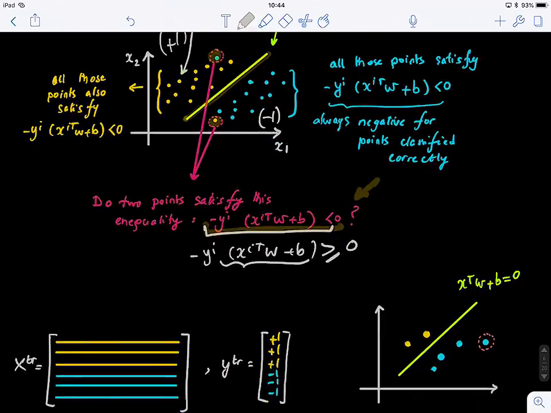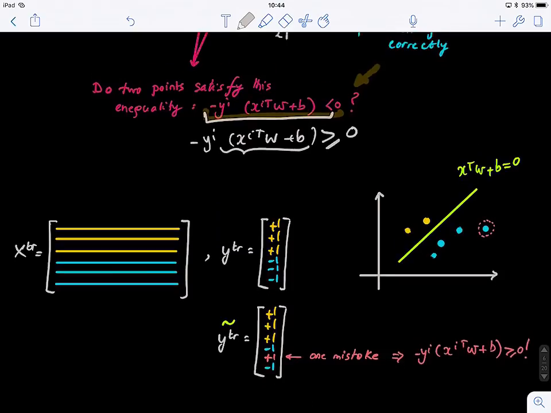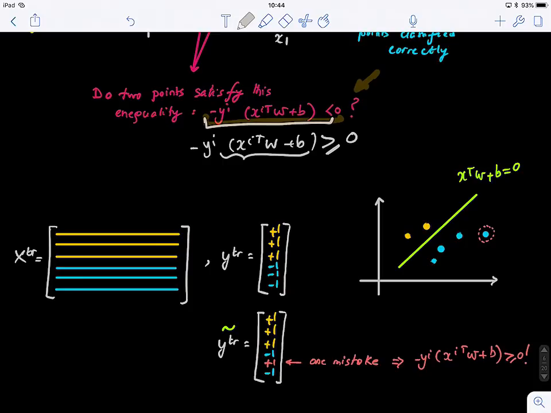So now let's look at those. For example here, let's say we have 6 training samples, 3 belonging to the positive class and the blue ones belonging to the negative class. And this is our estimated hyperplane. We want to improve the classification of this point that was misclassified.